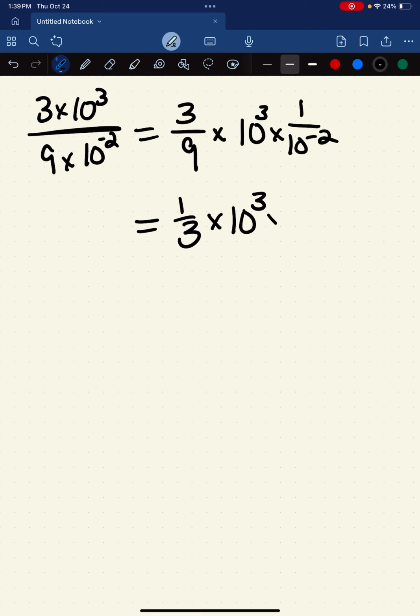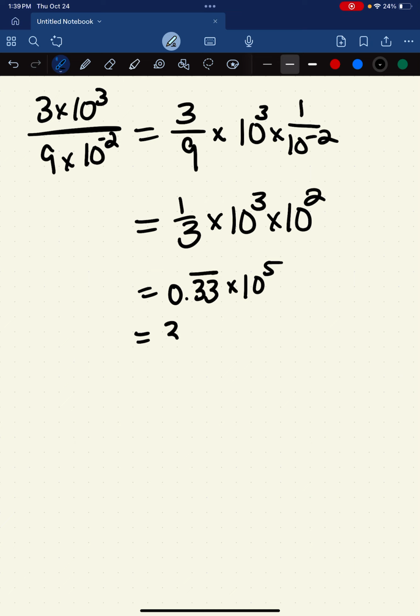3 over 9 is 1/3. And then that's going to be 10 to the 3 times 10 to the 2, right? Because minus 2 is just 2, which is 1/3. And I'm going to put that as 0.33 repeating, times 10 to the 5.